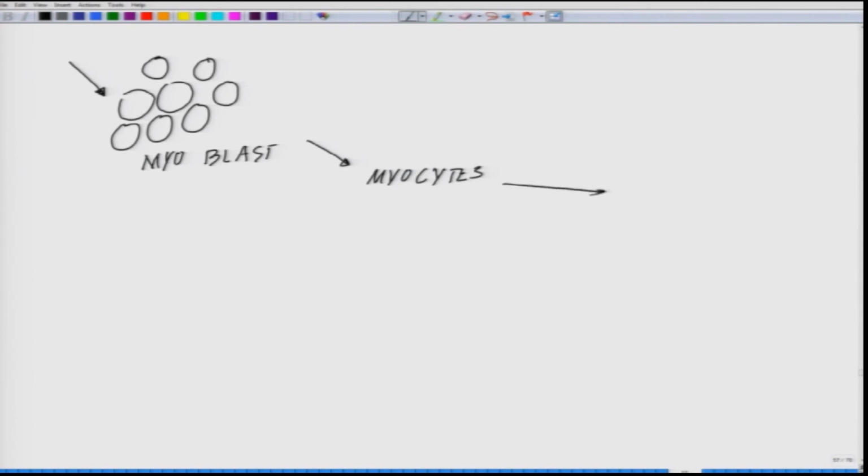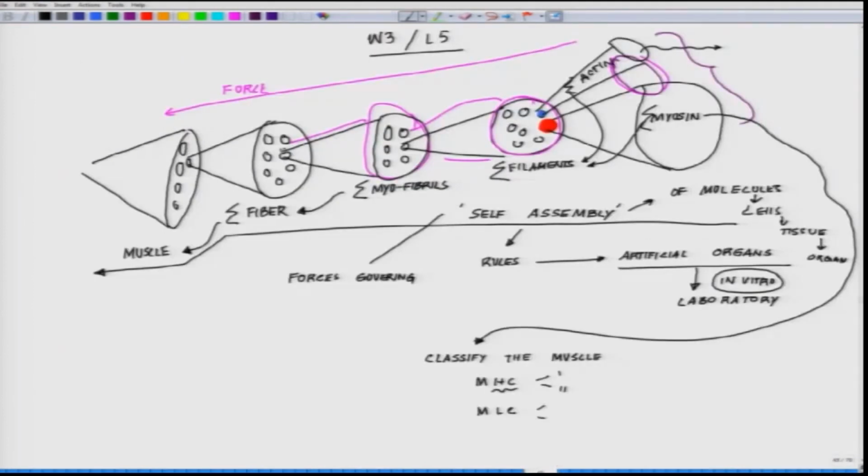From the myocytes they form myotubes, and then of course followed by myofibers. And if you remember the hierarchy, this is going into the smaller size, and if you reverse back you are increasing the size.